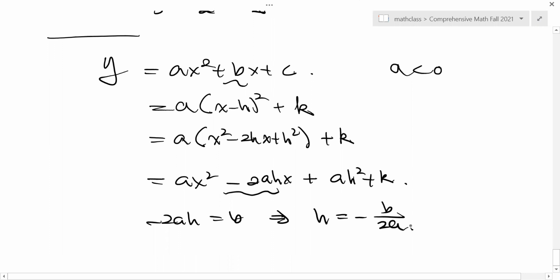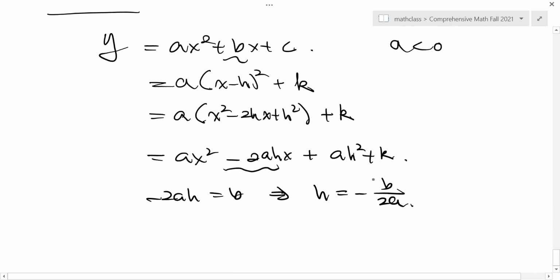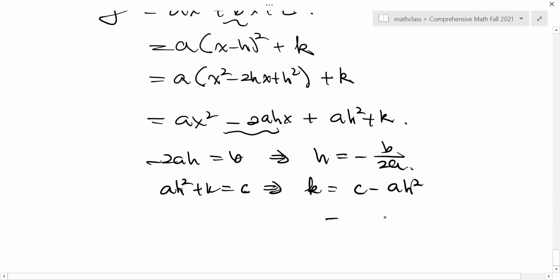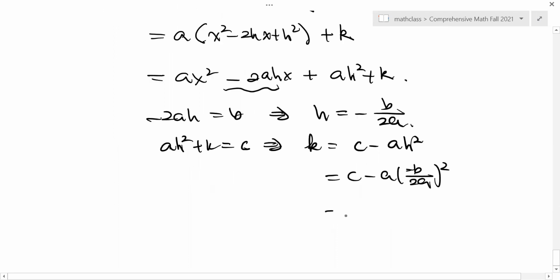You get the formula immediately. And how about k? ah squared plus k equals c, so k is c minus a times h squared. I already have h, so it's negative b over 2a, squared. If I multiply them out, I get b squared over 4a squared, so an a cancels out.